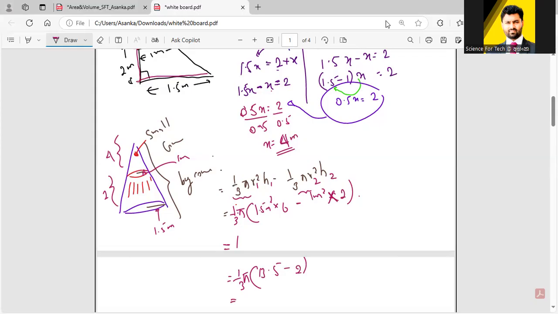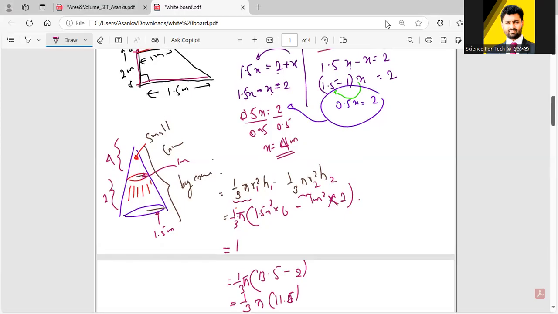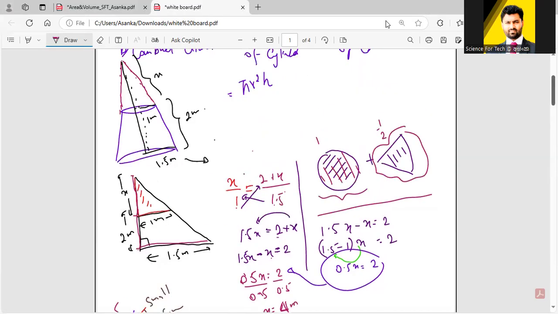Then the remaining part is 11.5. Now let's take the final value from here.